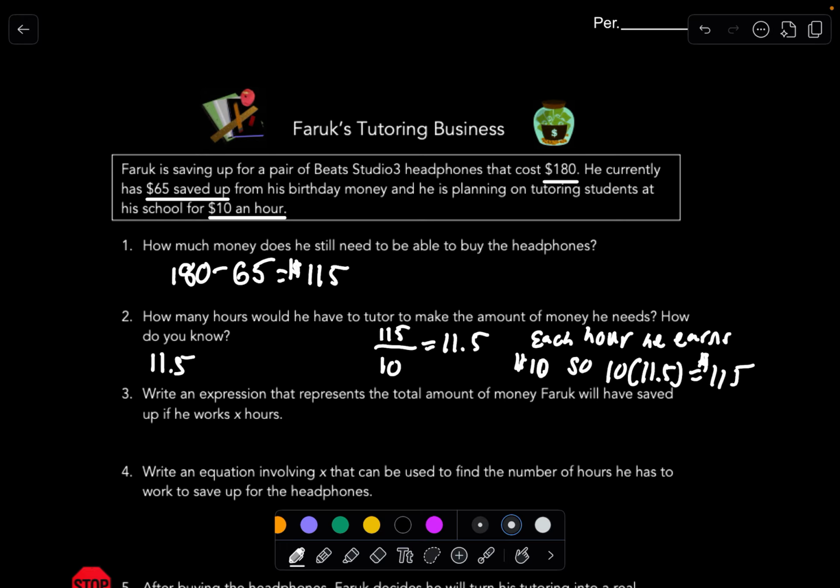Okay. It says write an expression that represents the total amount of money Farouk will have saved up if he works X hours. Well, we know that he started with $65 already saved from his birthday money, and he's going to add to it the money from babysitting, which is $10X, right? For X number of hours.